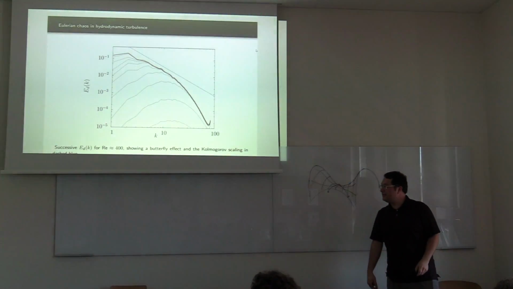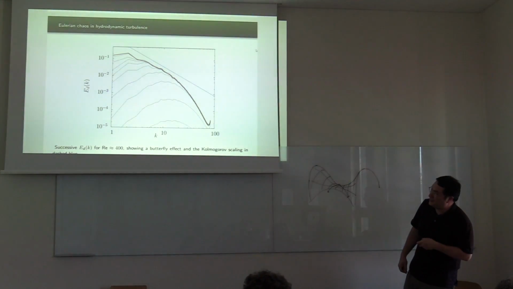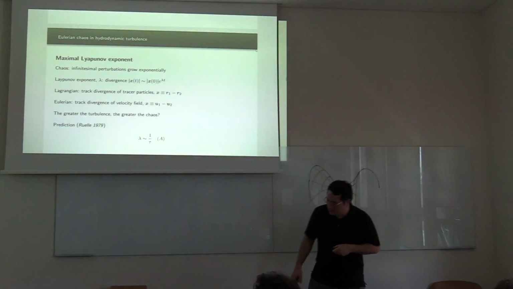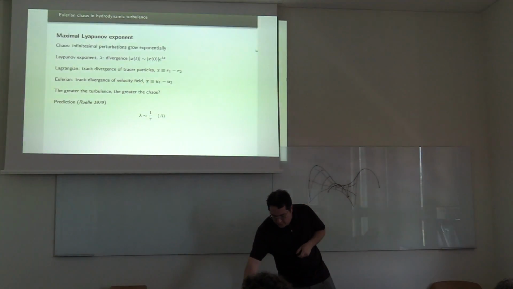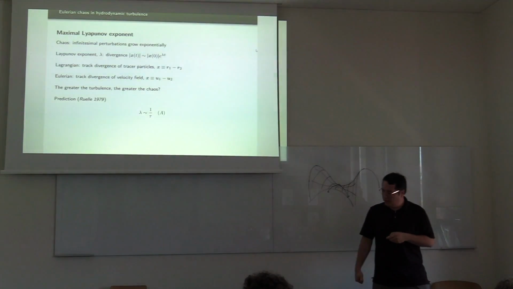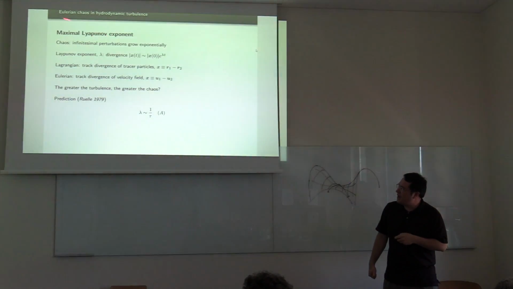This is our interpretation of our data. Okay. We've got the Kolmogorov scale and k^-3. Okay, so the main point of the work was to actually measure the level of chaos in the system, which you can quantify with the maximal Lyapunov exponent.